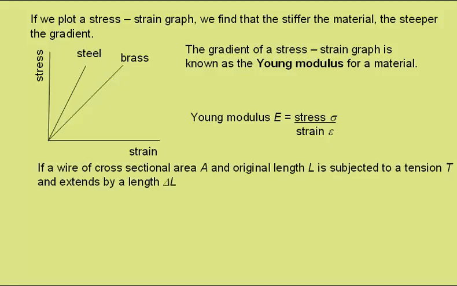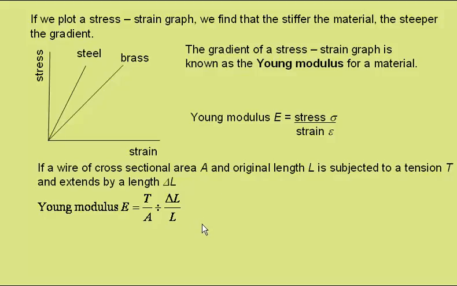If a wire of cross-sectional area A and original length L is subjected to a tension T, extending by a length delta L, we find that the Young modulus E is equal to the stress, tension over area, divided by the strain, change in length over original length.